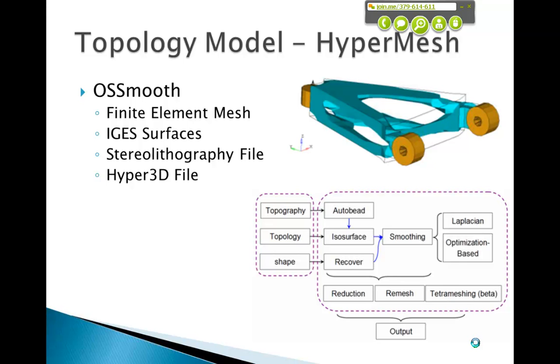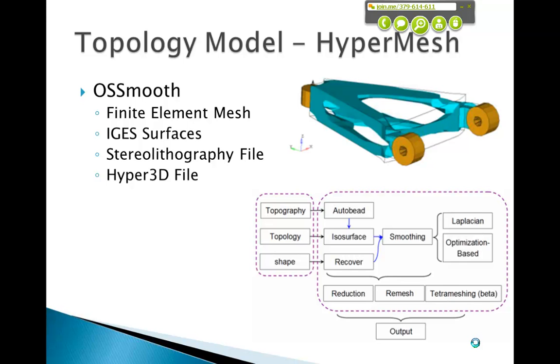Yours may look slightly different from that, but it's a result that is going to come out of what is called the OS smooth portion of HyperMesh. And in the lower right-hand picture, what we have is a little diagram that was taken straight out of the OptiStruct help information.